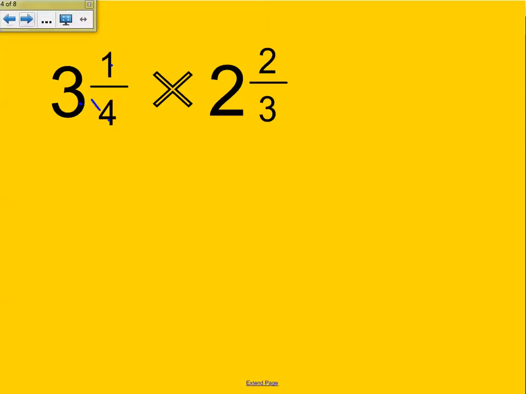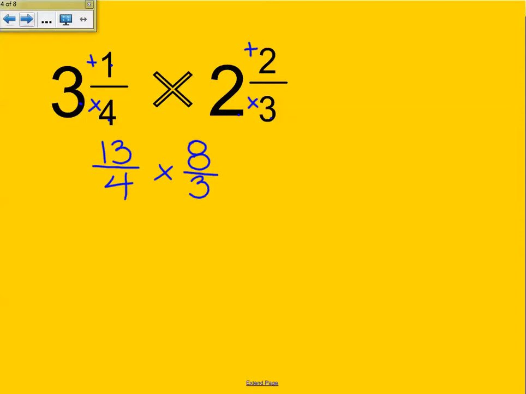So 3 times 4 is 12 plus 1, I'm going to get 13. So I'm going to have 13 over 4 to start. Then I'm going to do 2 times 3 is 6 plus 2 is 8. So I get 8/3. Ooh, these numbers are not looking that pretty right now to work with. But let's go through it now.